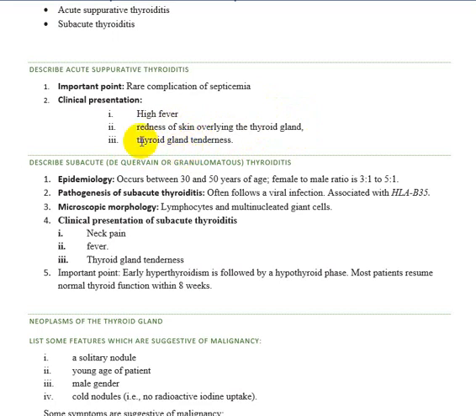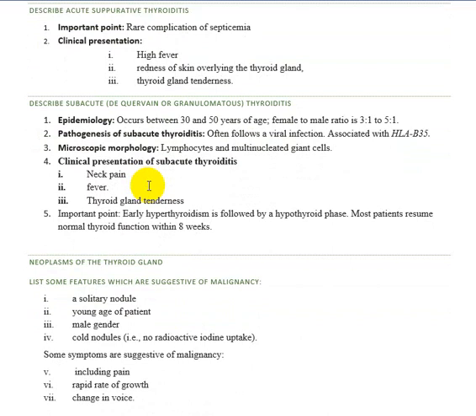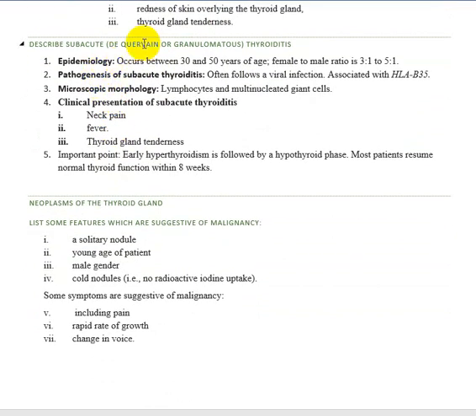So it's going to show acute suppurative thyroiditis. While in chronic, the thyroid gland tenderness will not be excessive as in case of acute suppurative thyroiditis. So subacute is also called de Quervain or granulomatous thyroiditis.